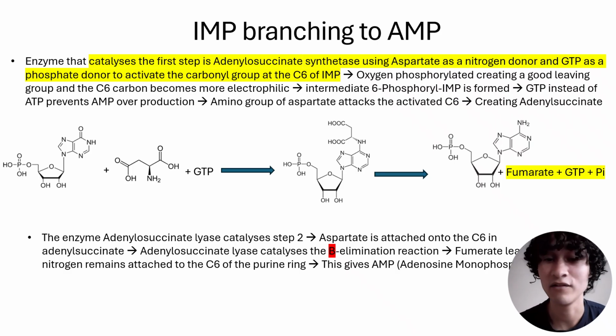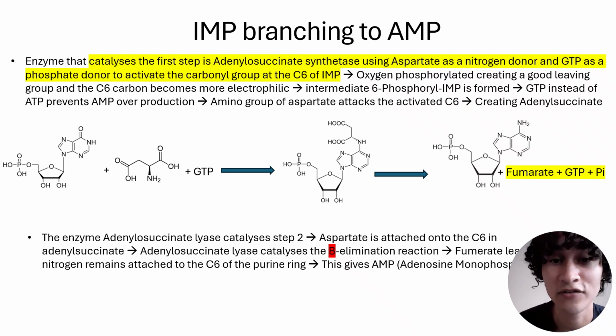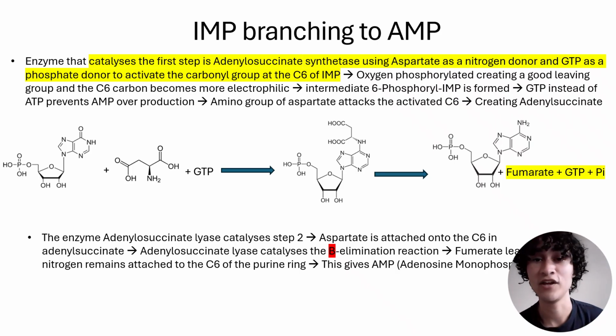It's very tightly regulated, and this is to prevent cell toxicity, because a lot of these intermediates and byproducts, if they over accumulate, can result in toxic effects on the cell. But going back to this branching to AMP from IMP, the adenylosuccinate synthetase will essentially transfer that phosphate group onto that carbonyl group on our inosine monophosphate, and this forms an intermediate, 6-phosphoryl inosine monophosphate.